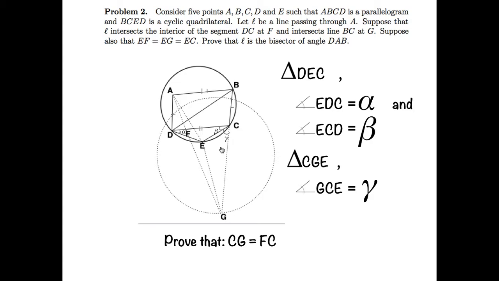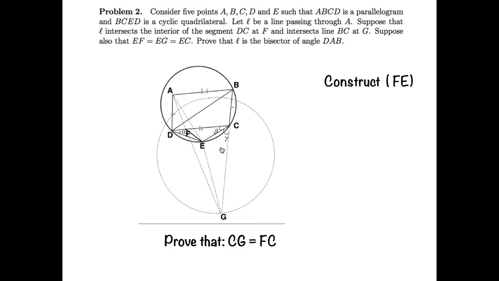So now I've done that substitution. After doing the substitution, let's see what we have to do. We have to construct EF line because the question has said that the EF line is also equal to EG is equal to EC. So let's draw an EF line.